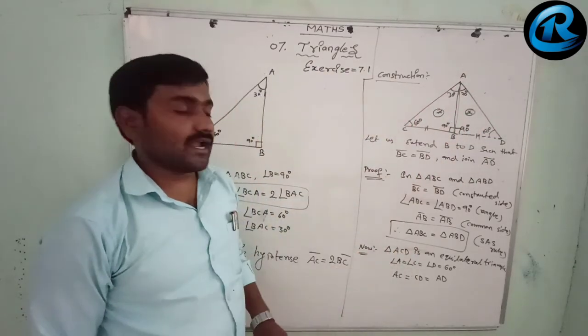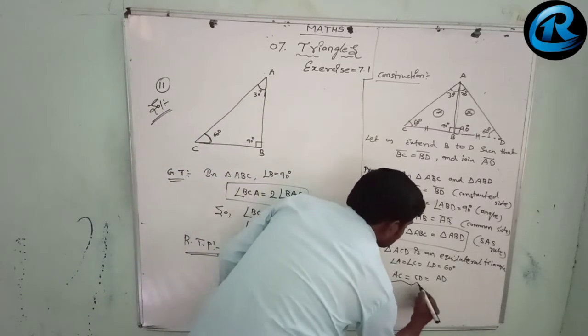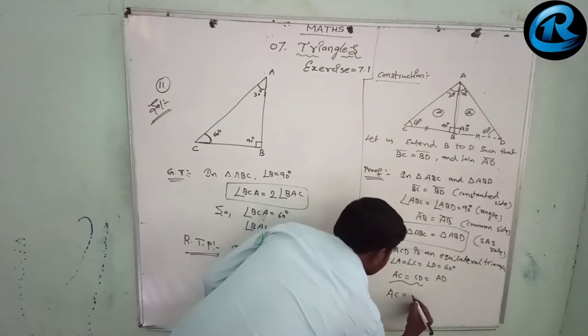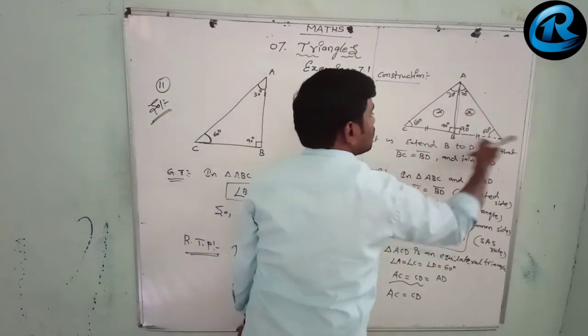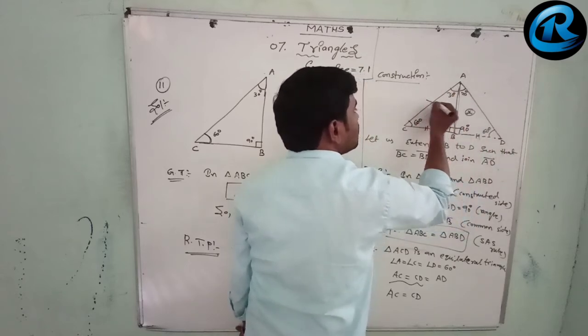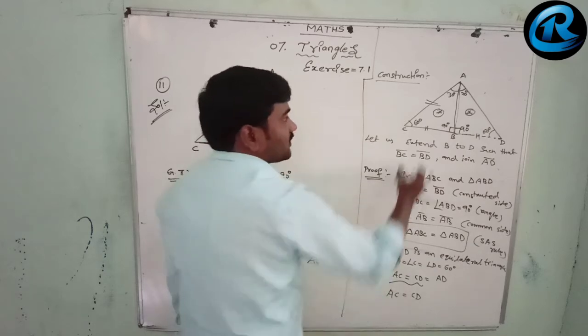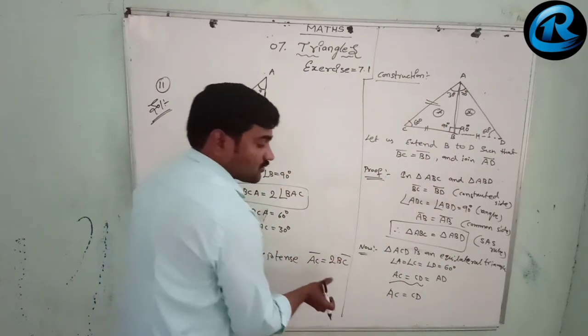So it is an equilateral triangle. From this we will take AC equal to CD, which makes our statement.